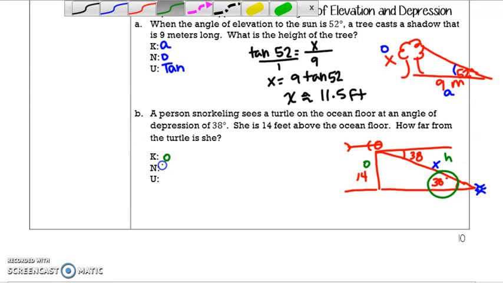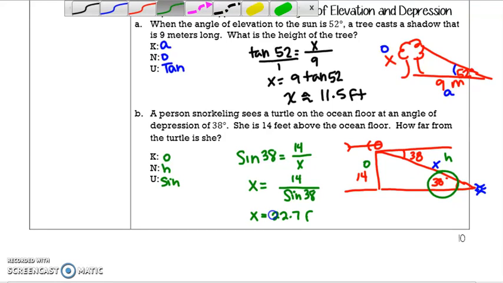So we know the O, we need the H, so we're going to use sine 38, equal to O over H. O is 14, H is unknown. So x is equal to 14 over sine 38, which is the same thing as cross multiplication, just a little quicker. When we type that into our calculator, we get about 22.7 feet from the turtle.